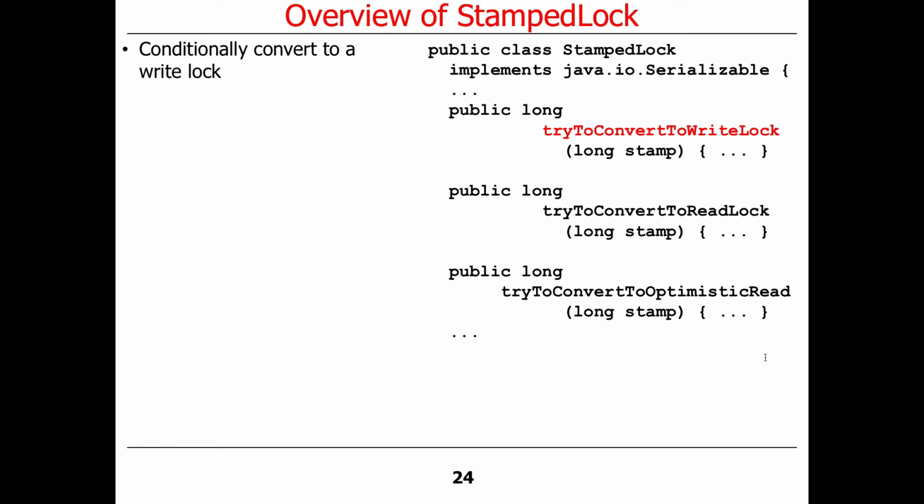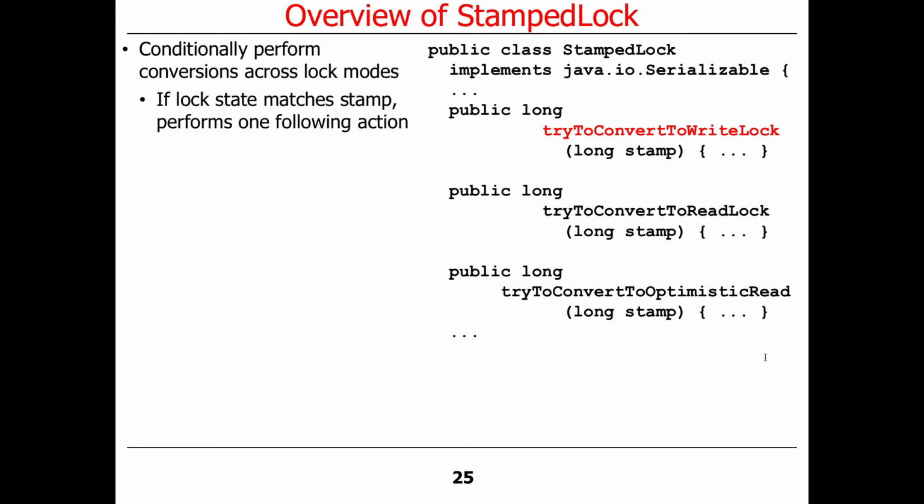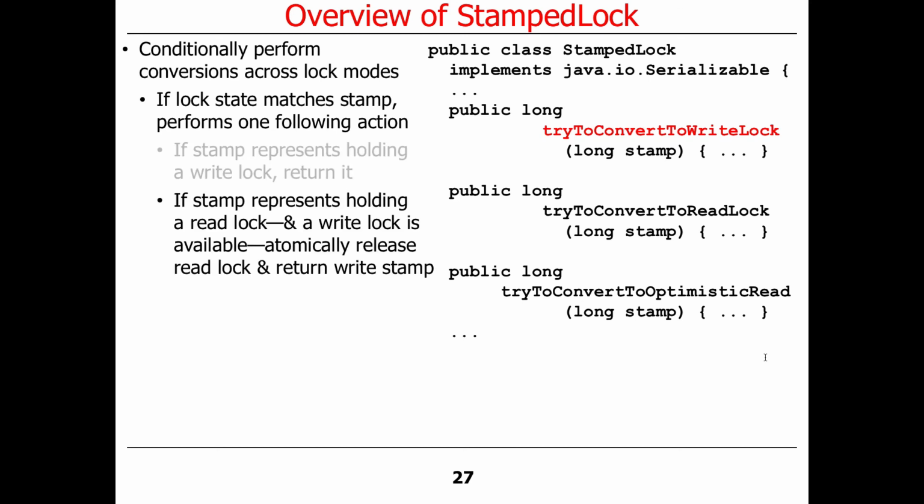Or I guess you could try to convert a write lock to a write lock, which will trivially succeed, but that would be kind of silly. So here's what's happening. If we try to convert something to a write lock, then if it is a write lock, we're done, because we're converting write to write, so that's trivial.